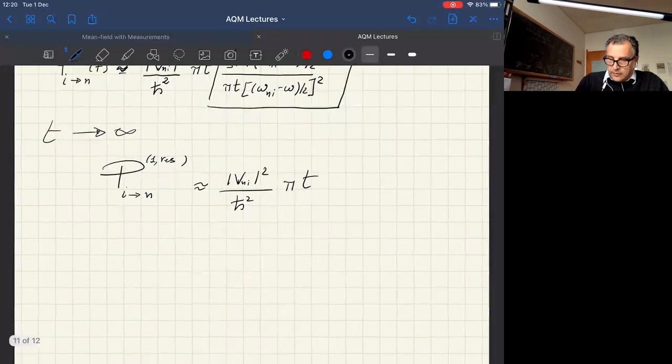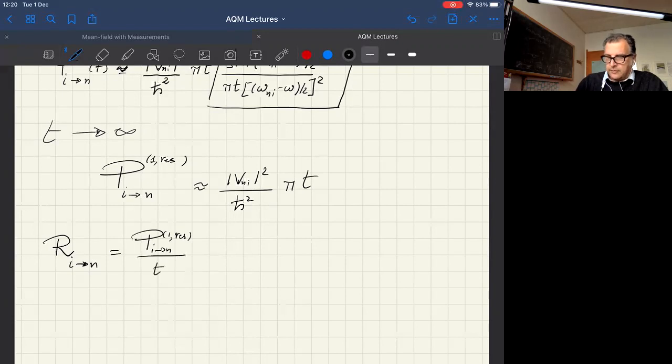Now it is possible to define the rate, which is the rate to go from I to N, which is the probability per unit time.